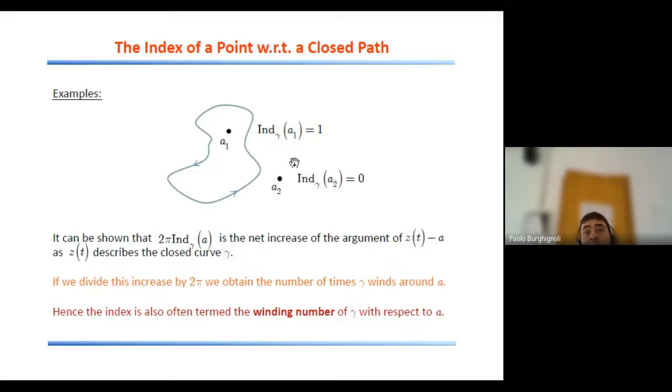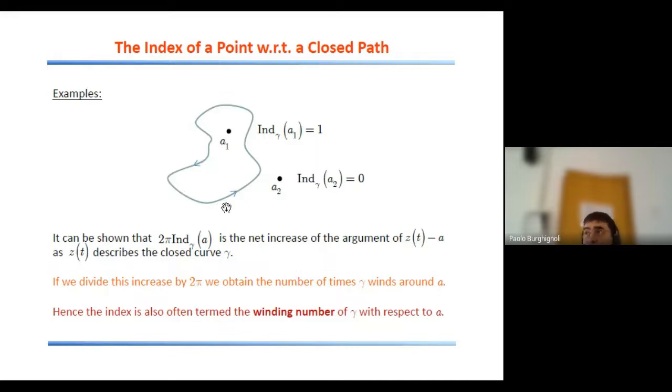And that's why in this example you are observing the winding number, the index of the point A1, is equal to 1. That's because you perform a single tour around the point A1. Well, actually, this is not entirely apparent from this drawing, because in addition to the drawing, I should also specify the parametric representation, because it could well be that when the parameter goes from the initial value to the final value, the point describes, for example, the closed curve twice.